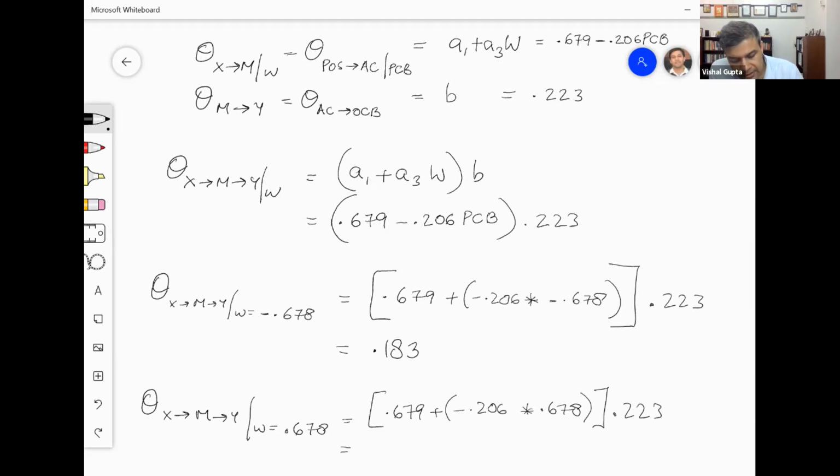So what does this become? It becomes 0.1.